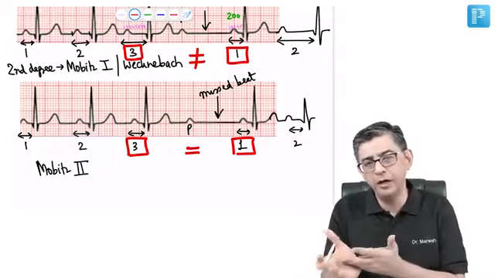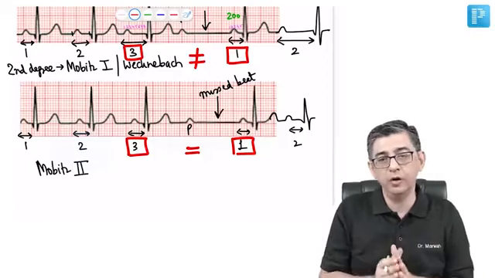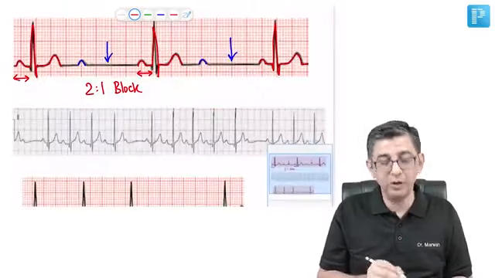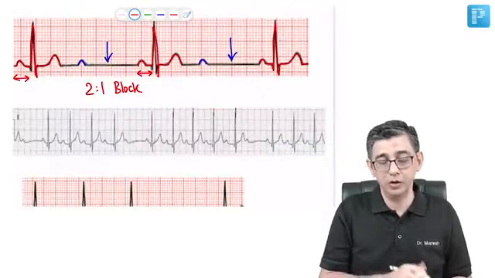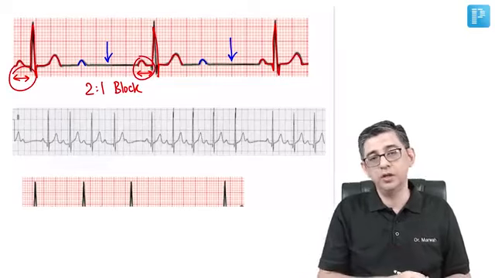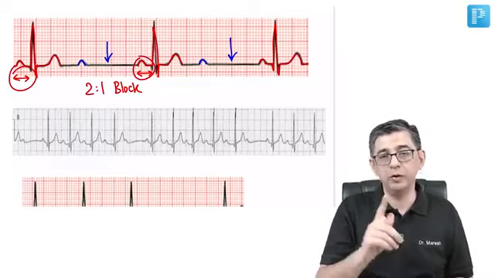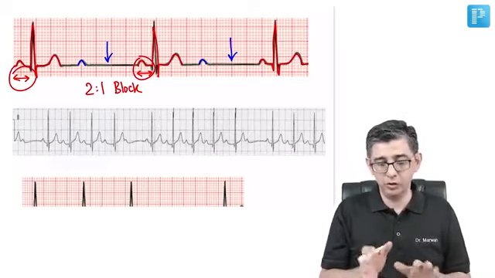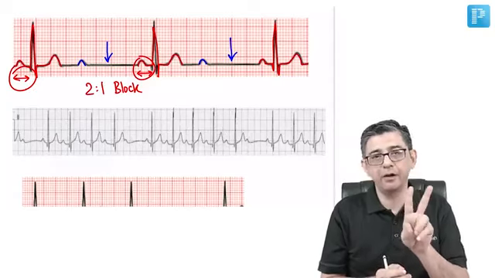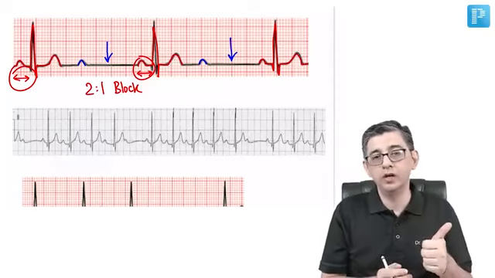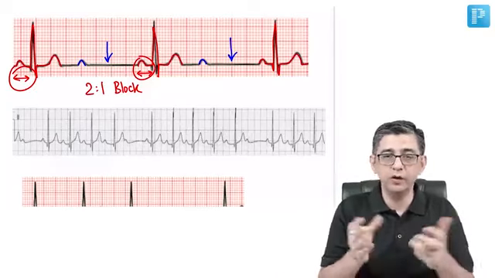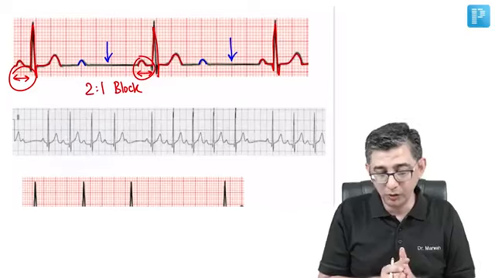In between, intermittently, there are going to be drops or missed beats. But when it comes to 2:1 block, which looks like Mobitz 2 heart block because the PR interval before and after is equal, the main issue is that for every one conducted wave, there would be one non-conducted. So we call it 2:1 just to highlight the ratio that for a total of 2 waves, only one is lucky. There are 2 suitors trying to woo the person of the opposite gender, and only one of them is lucky here. So we call it a 2:1 block.